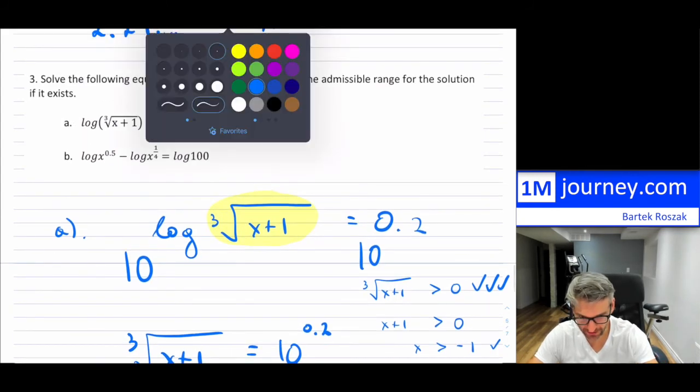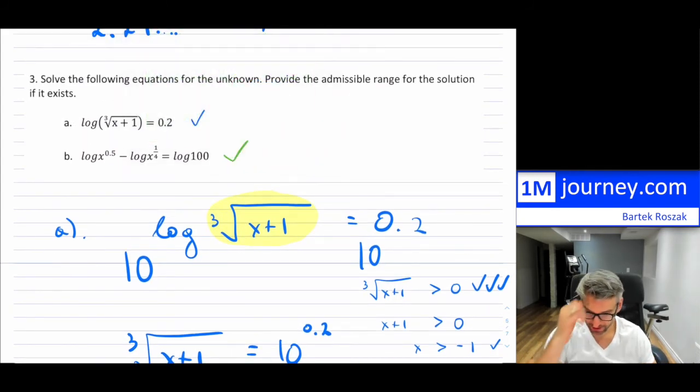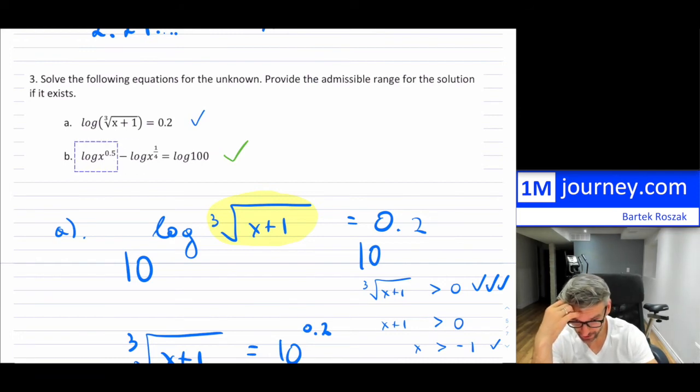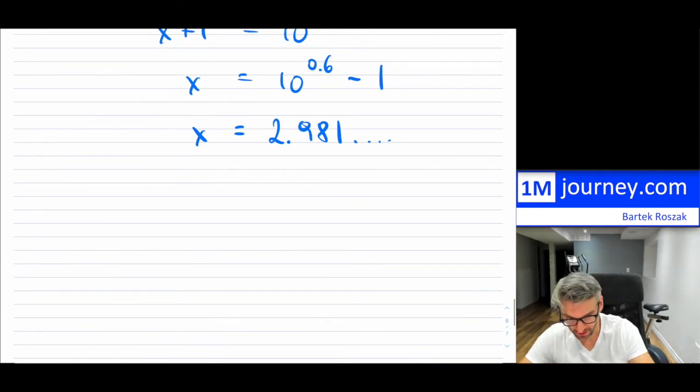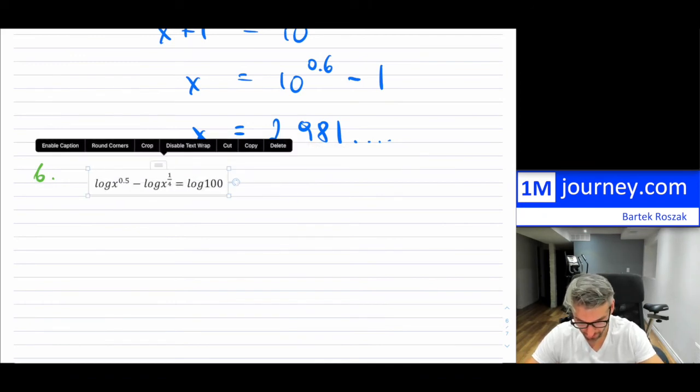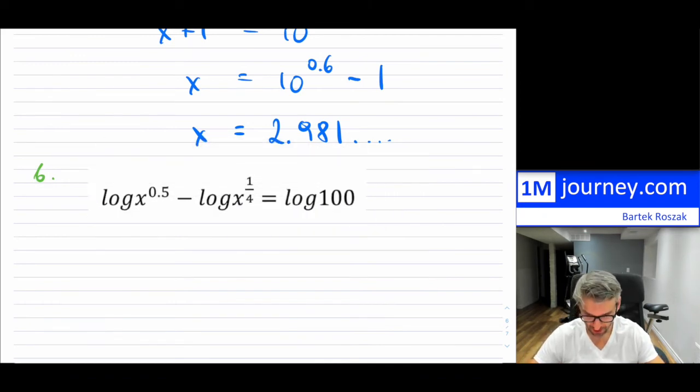Part B. So this one, let's see what this is. I'm going to take this, copy, paste it back. Okay, so first the admissible range.